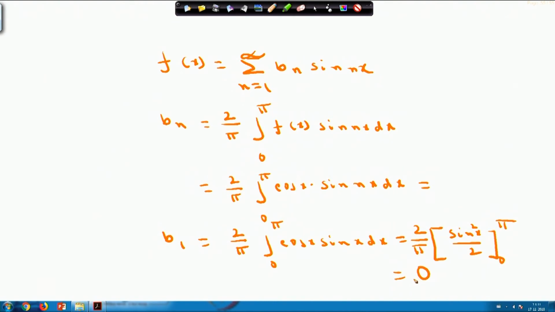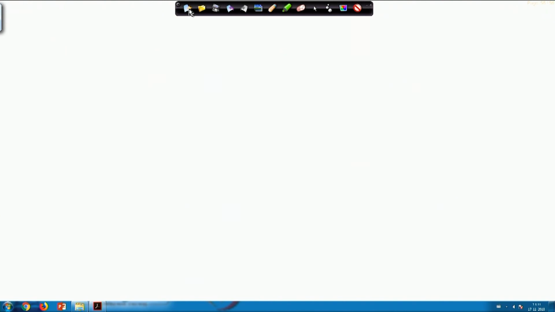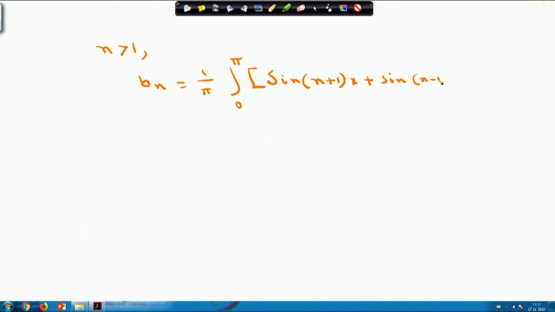Now, let us see for n greater than 1, what is the value of b n. Whenever n is greater than 1, b n from the formula, I can write it as 1 by pi, 0 to pi, sin of n plus 1 into x plus sin of n minus 1 into x, into dx.